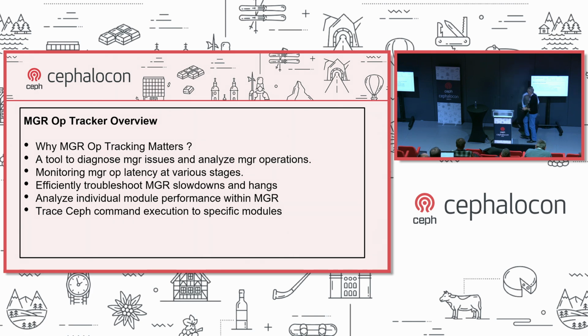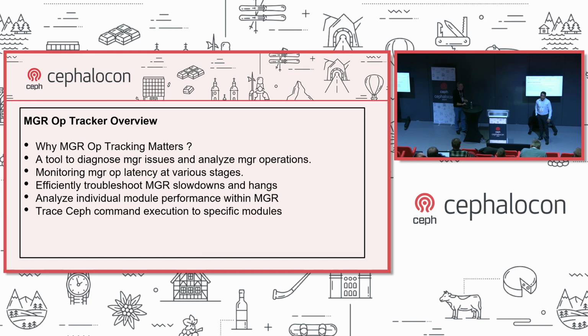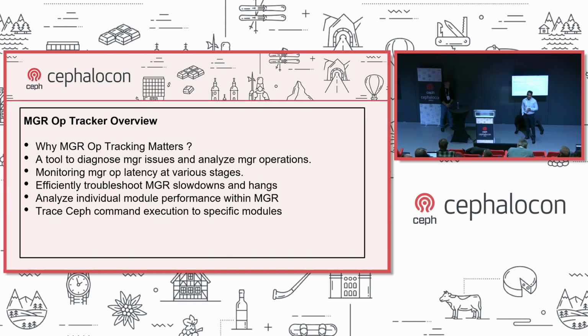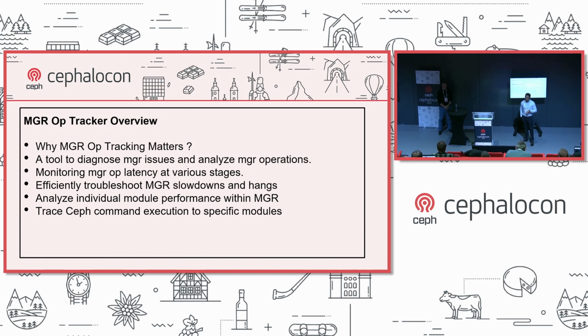So basically, without MGR op tracking, investigating what's really the problem with the MGR was really time consuming. If you take an example, to see what's really happening inside the MGR module, we need to collect the debug logs and everything, and that's really time consuming because for the customers who are experiencing that issue, we have to request and then collect the logs and then analyze them.